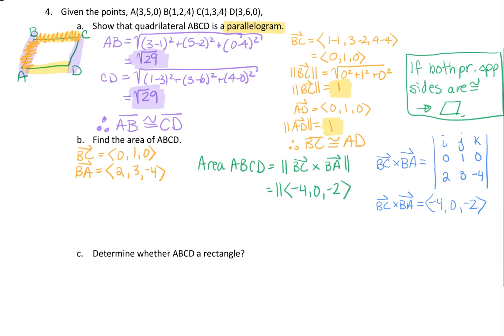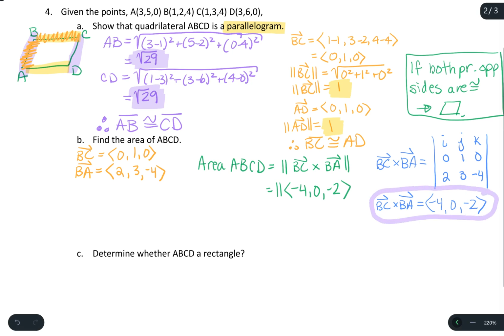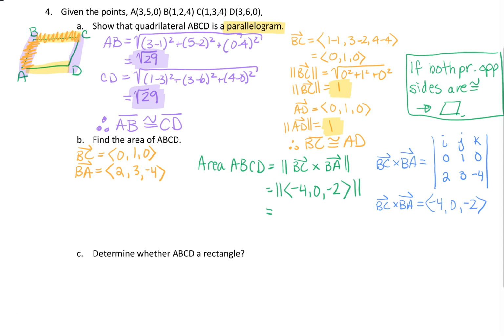All right, so you calculated your cross product. You should have a cross product for these two vectors of negative 4, 0, negative 2. If you chose two different vectors, your cross product might look a little different. But regardless, once you find your cross product, now we're going to put it into the magnitude. And when you calculate, you're going to show your work for your magnitude. And when you calculate that, your magnitude is... All right, so we have 2 square root of 5, and remember that this is an area.